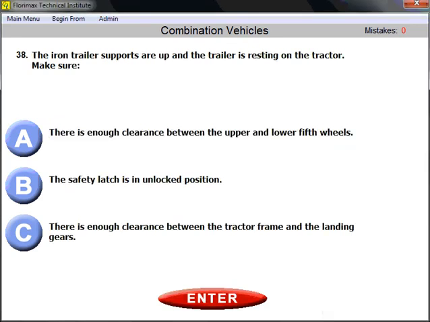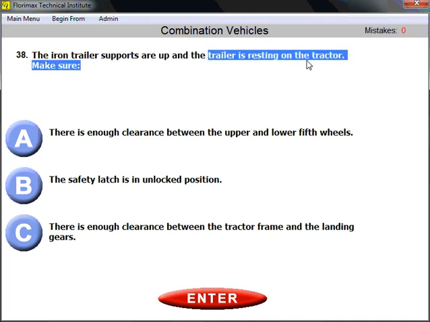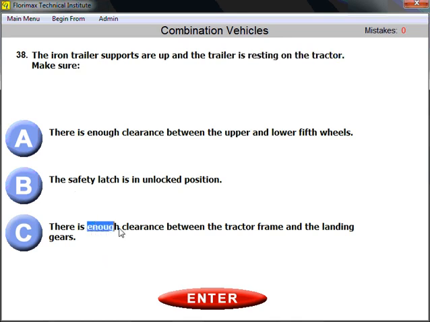Question number 38. The trailer supports are up, and now the trailer is resting on the tractor. Now you need to make sure there is enough clearance between the tractor frame and the landing gears. Again, please be careful, read all of them.